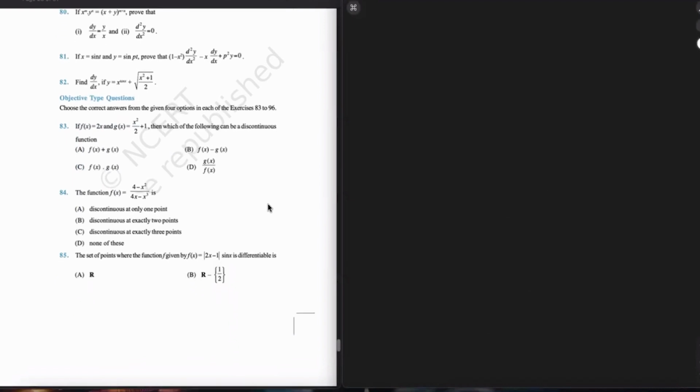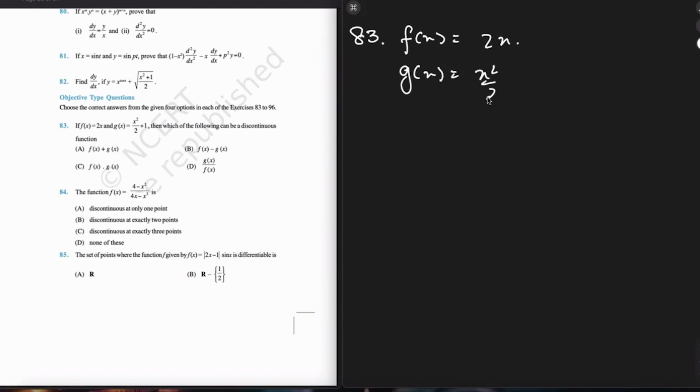Now moving forward with question number 83. If f(x) is equal to 2x and g(x) is equal to x square upon 2 plus 1, which of the following can be a discontinuous function? Since these are all polynomial functions, f plus g, f minus g, f into g will also be polynomial functions.